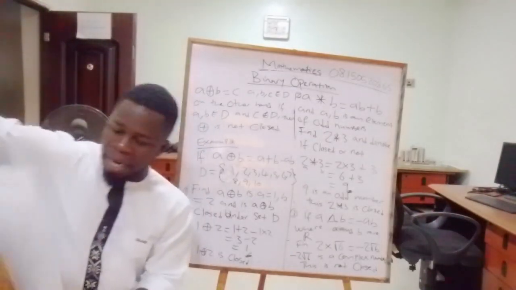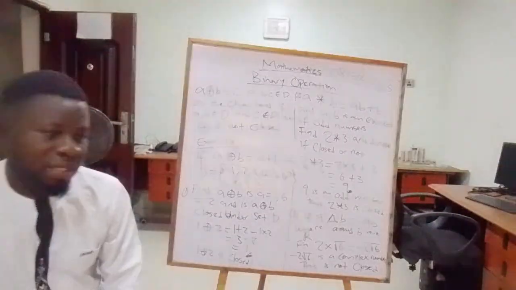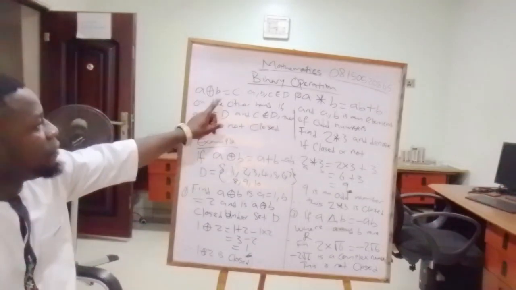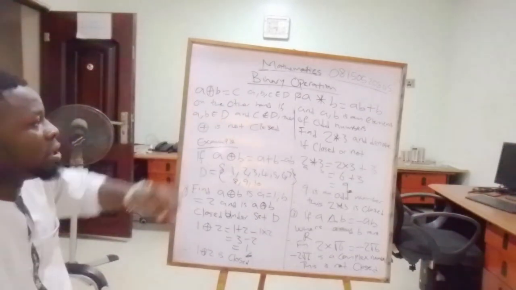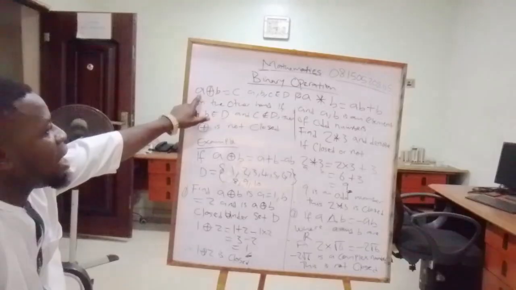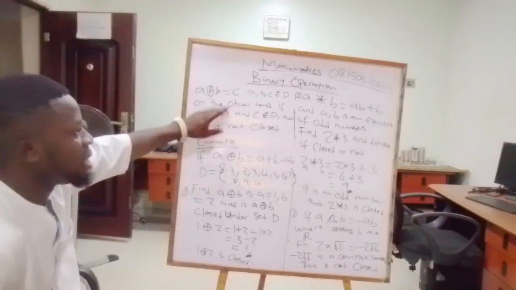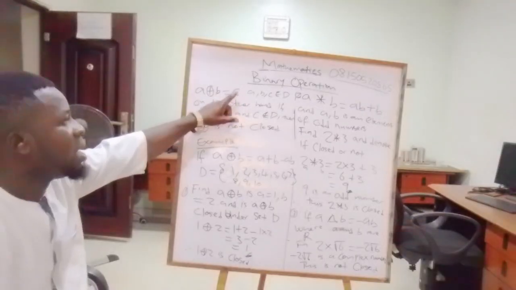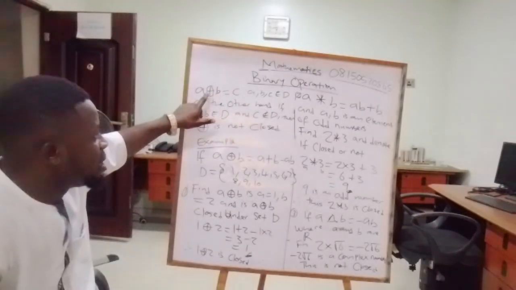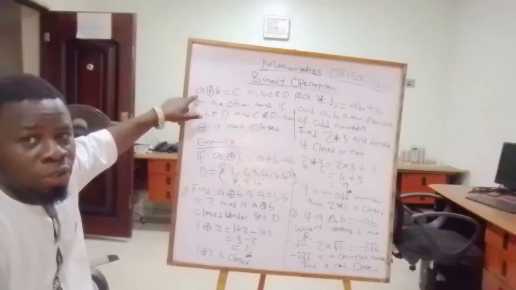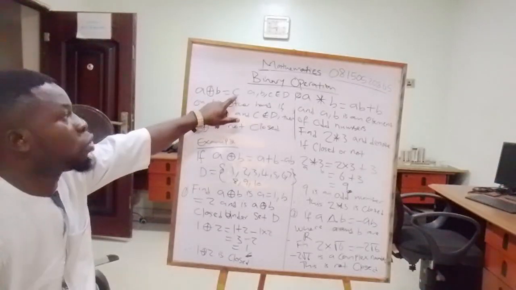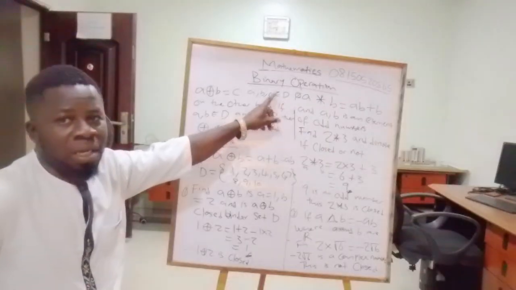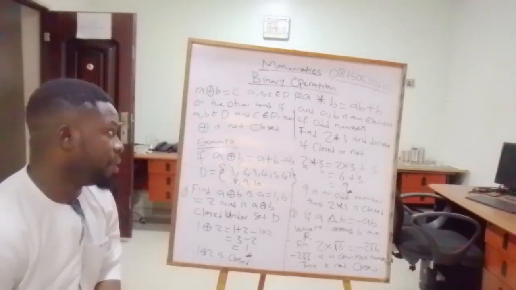Don't forget, when I was giving the definition of a closed form, I told you that A operation B, any operation that you are using, if it is equal to C, then your A, B, and C, that is the elements you use for A and B, and also your result, must be part of D. That is whatever set you are being given.